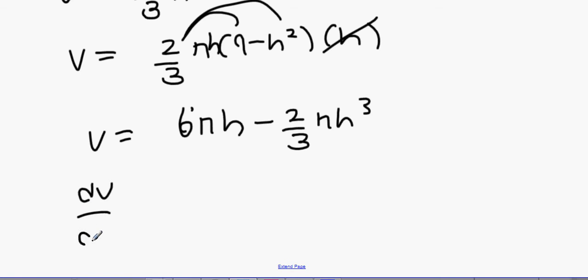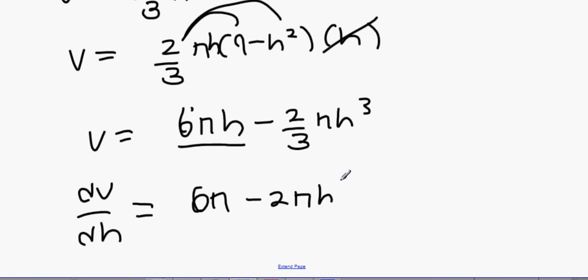Now we're going to get dV/dh. Differentiate this with respect to h. The 18 pi goes through, the 3 goes to the front, multiplies by 2 pi, and we get minus 6 pi h squared. This all has to equal 0. The pi's will cancel.